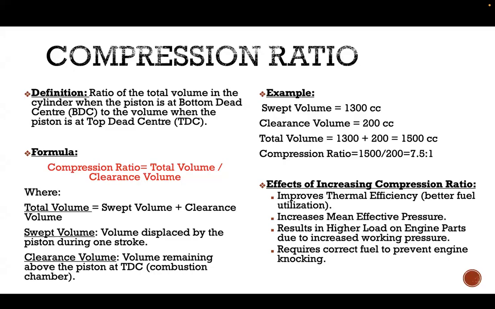So diesels are called high compression ratio engines because they can withstand high compression ratios to a much greater extent, and since they withstand that much pressure, diesel engines are heavier built. That is one of the reasons why we don't use diesel engines in our aircraft, because of the increase in heaviness of aircraft engines.